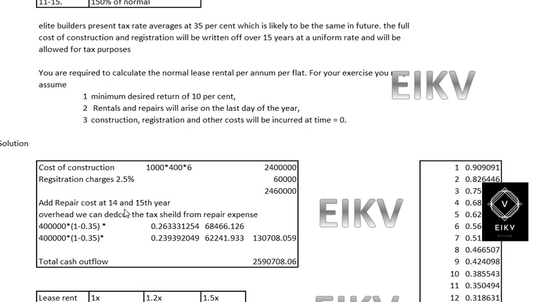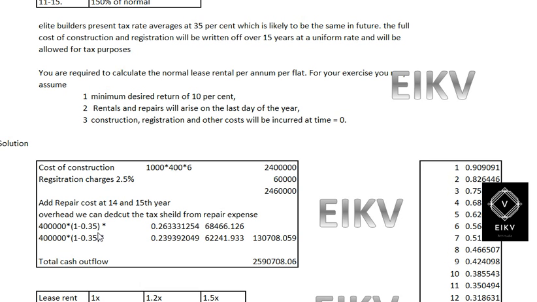Then we have a repair cost in the 14th and 15th year. Such cost shall be added. This is an overhead, so we can deduct the tax shield from repair expenses. These are occurring at the 14th and 15th year, but the other construction costs are occurring at year 0. Therefore for these expenses, which are 4 lakh for the 14th year and 4 lakh for the 15th year, present value as well as tax shield factors shall be considered.